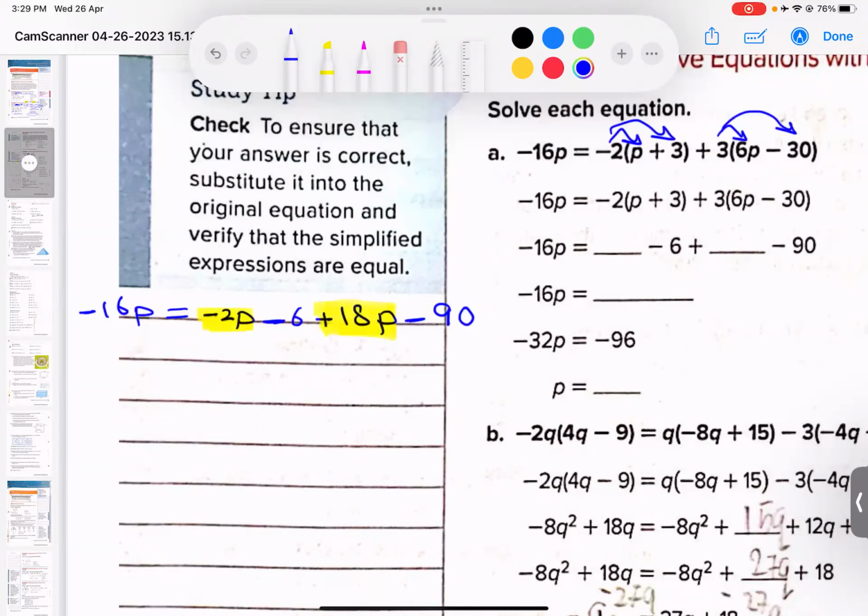Why? Because we have different signs. I told you before, whenever we have different signs, we're supposed to subtract both of them, right? We have to write the sign, like 15p, right?